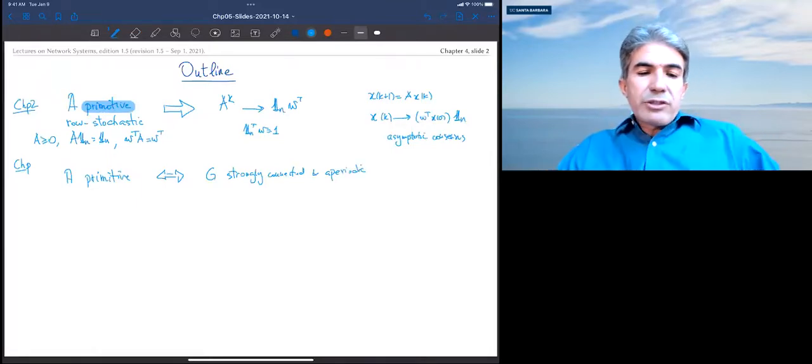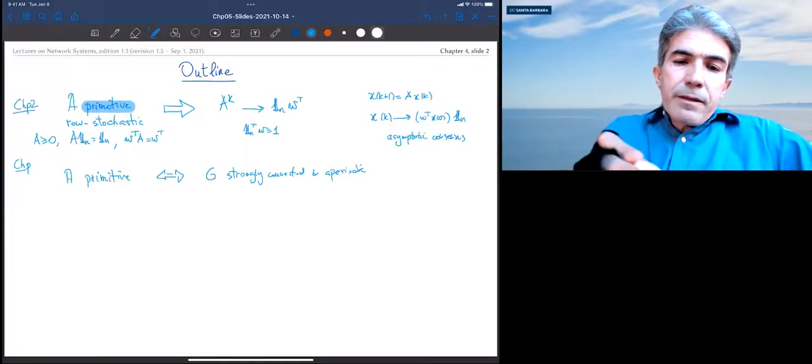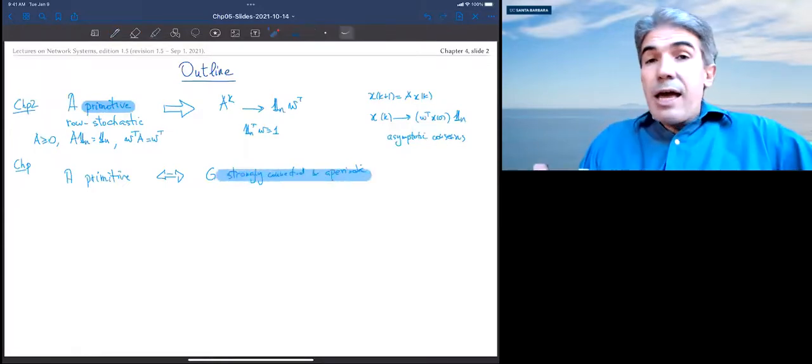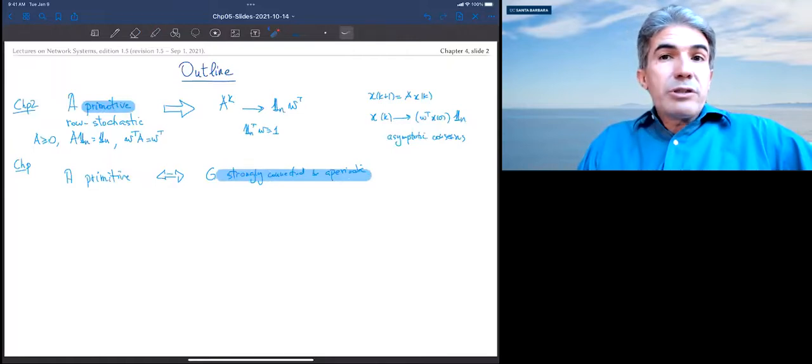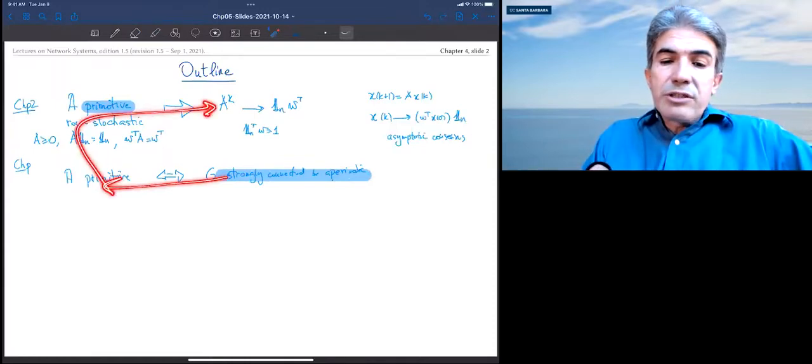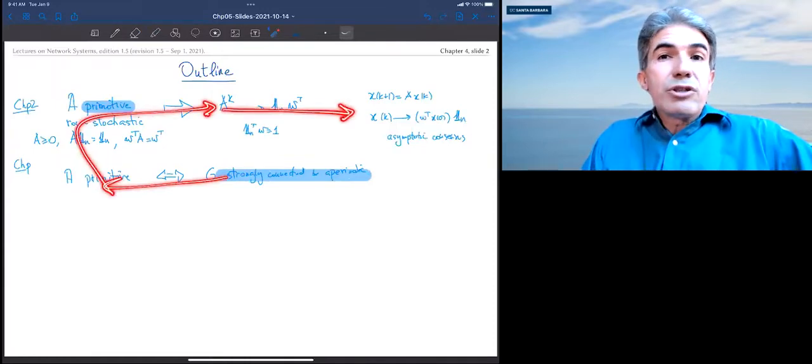So that's perfect. Now we know a graph theoretic condition. We know that if G has some connectivity properties and some properties in its loops, then A is primitive. And if A is primitive, we know that this limit holds, and therefore we get asymptotic consensus.